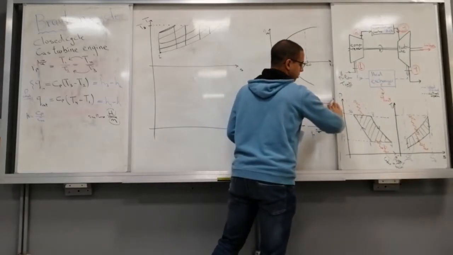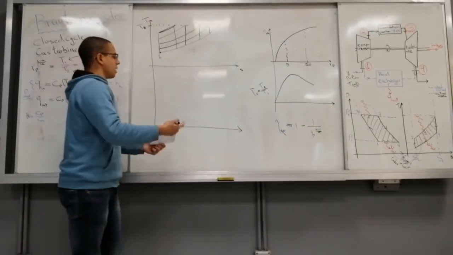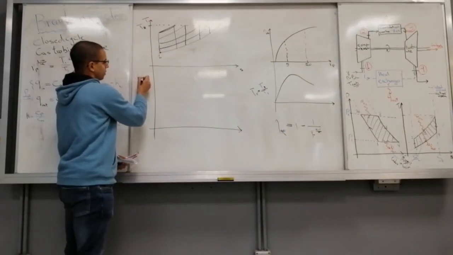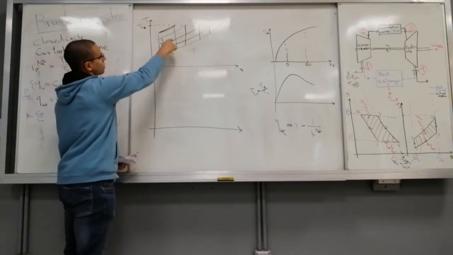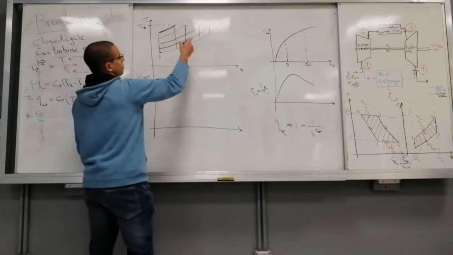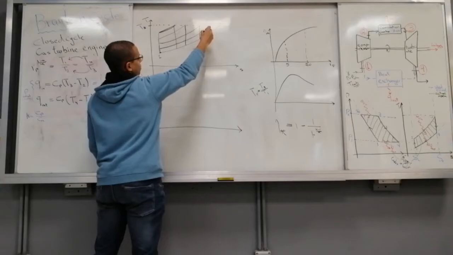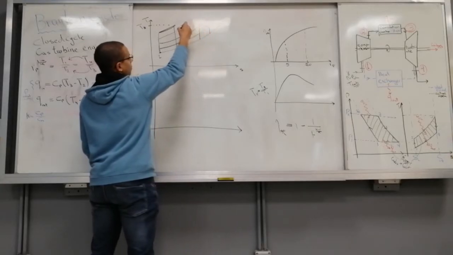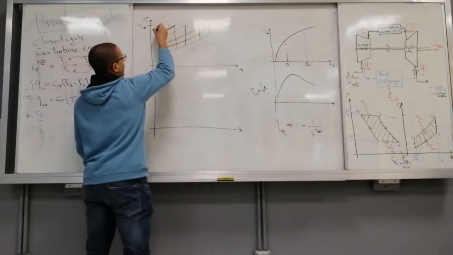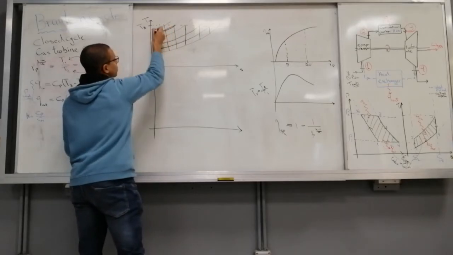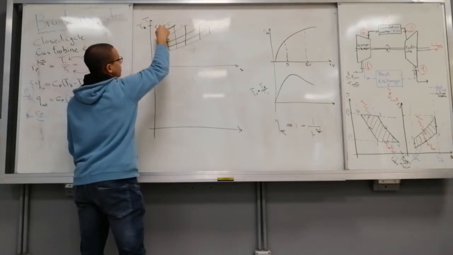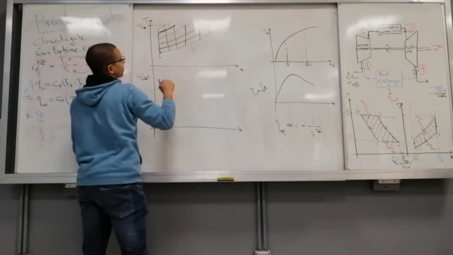Great. Thus, when we aim at maximizing the net work, we aim at maximizing this area. We will notice that this area is small, gets bigger, bigger, and then gets smaller again. Indeed, this area is smaller than this area.